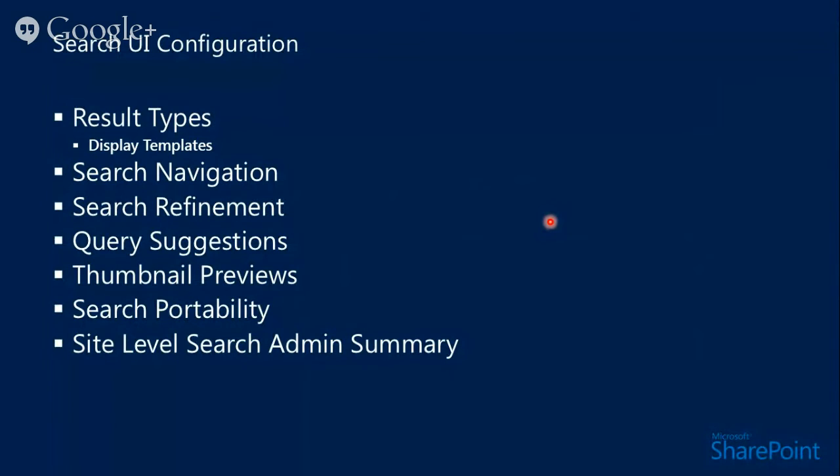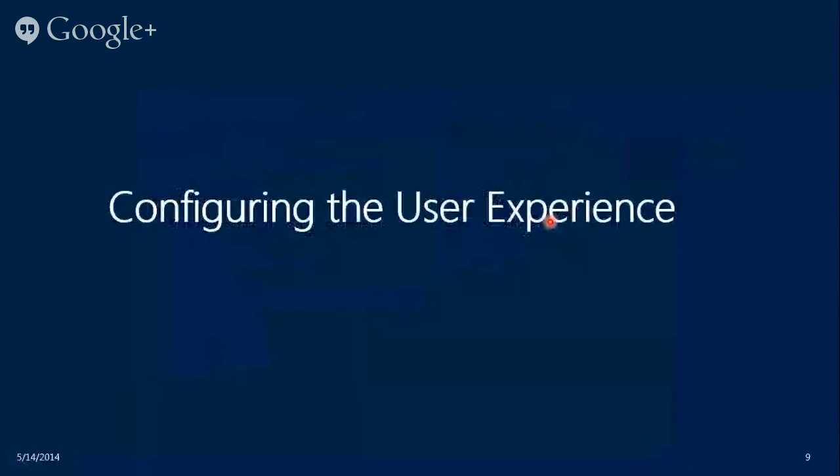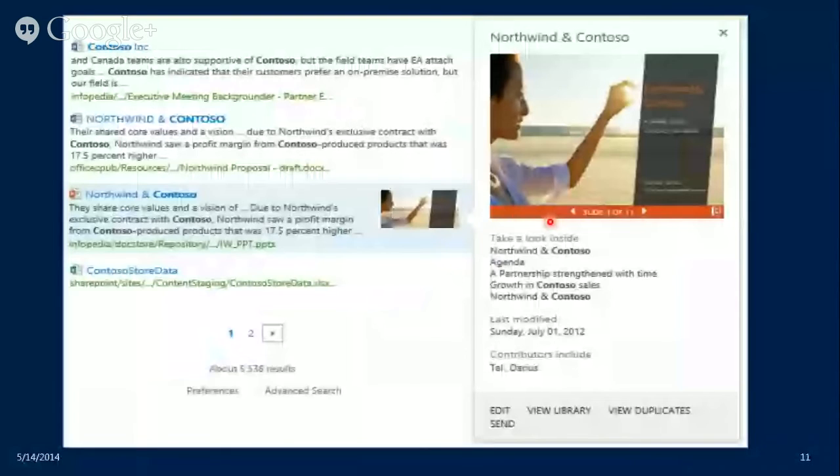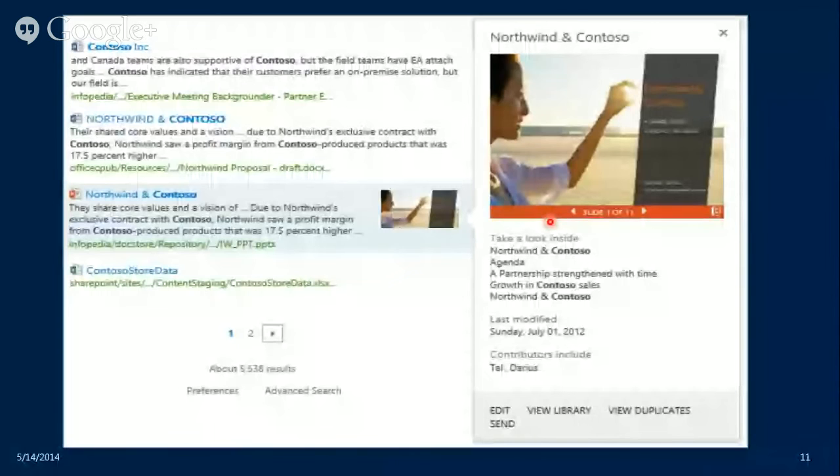Just to show you what a result type is, let me quickly show this PPT. We have a new capability called display template in 2013, where what you see here is a display template for a PowerPoint presentation.